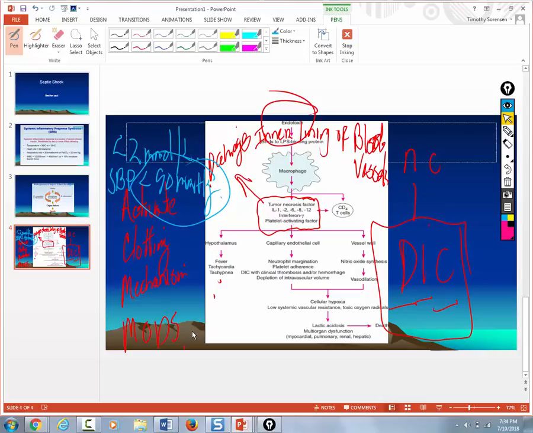Because what you want to do is kill the normal bacteria on the skin. So when you stick the needle into the vein, you may contaminate that culture with the bacteria that's on your skin. And the reason you do it in 2 spots is you want to make sure that the bacteria you're culturing is actually in the blood and it's all over. That's why you typically do that.